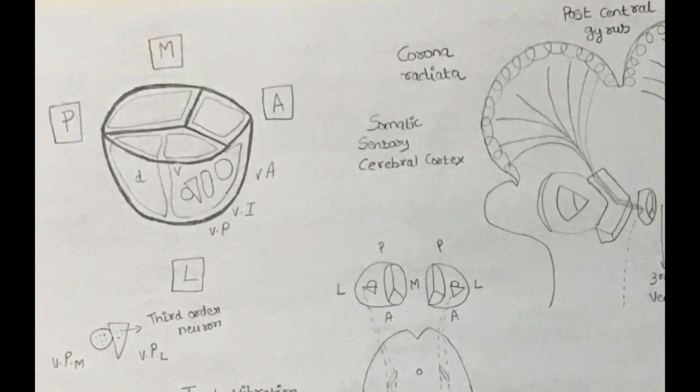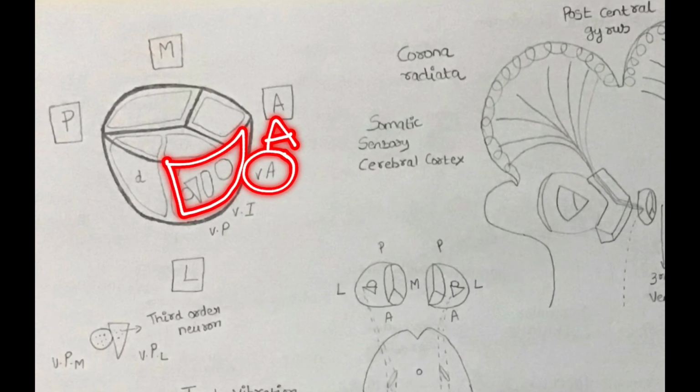The first nucleus is in the ventral area and it is nearer to the anterior side, ventro-anterior. The second nucleus is in between the first nucleus and the third nucleus, and it is also in the ventral side, so it is ventro-intermediate.